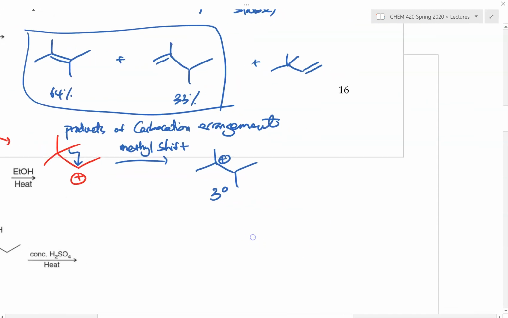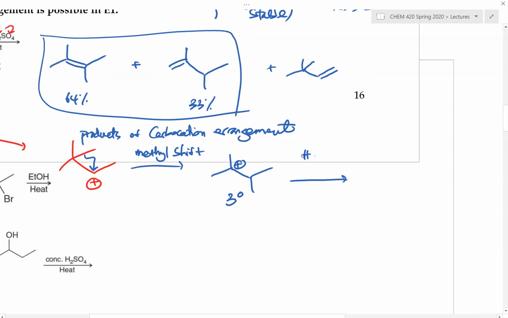And in the next step, the base, in this case the hydrogen sulfate, will then come in, pick up this beta hydrogen, and now the electrons are donated in to form this alkene. So this is the most stable alkene, and therefore it is the major product.